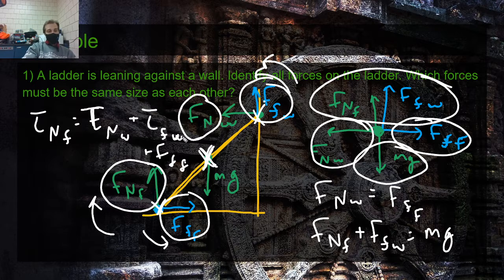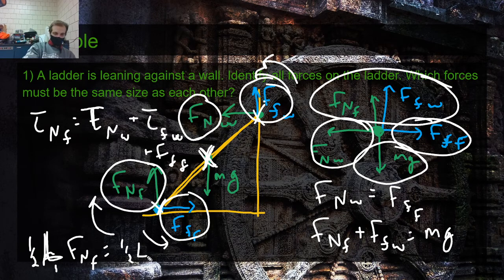If you wanted to take it one step further, you could go ahead and plug in r F sine theta. So now the thetas are going to be weird and they'll be based on the theta for the wall. I'm actually not going to get into the thetas of it other than to say that they exist. But r, which is 1/2 of the ladder length, so 1/2 L, times the normal force from the floor needs to equal 1/2 L times the normal force from the wall times sine theta.